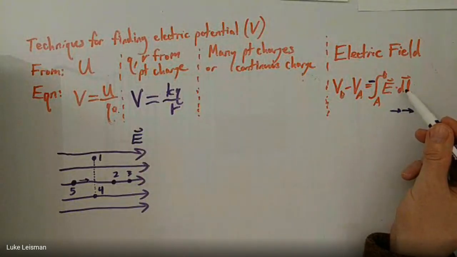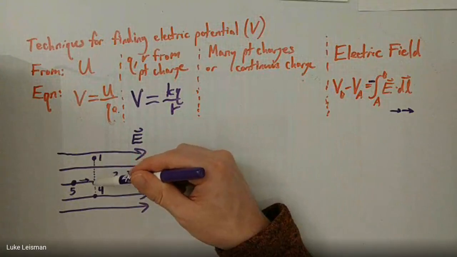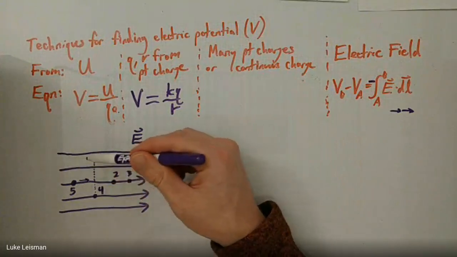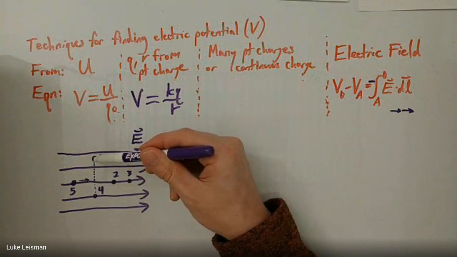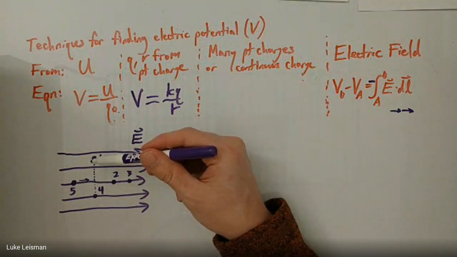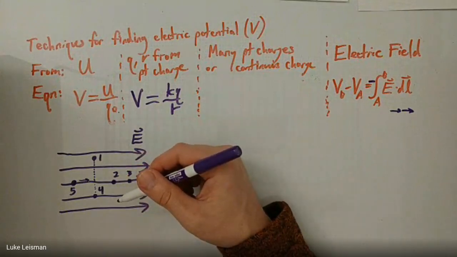The dot product of things that are perpendicular is 0. And so 1 and 4 have the same amount of potential. We could think of them as being the same height on a hill here. And so we could write that 1 and 4, those have the same potential.